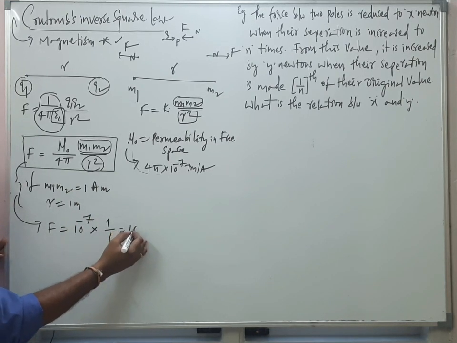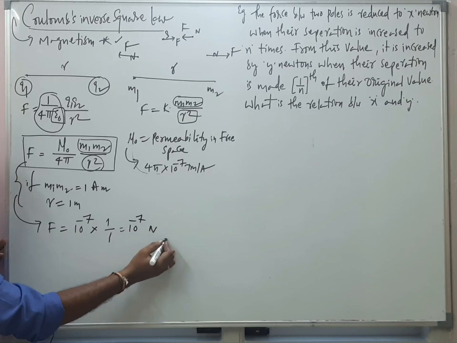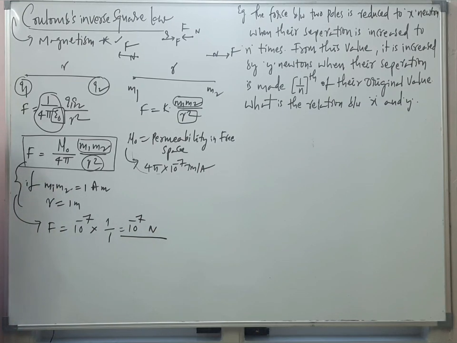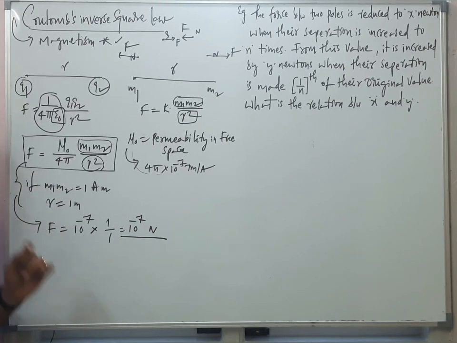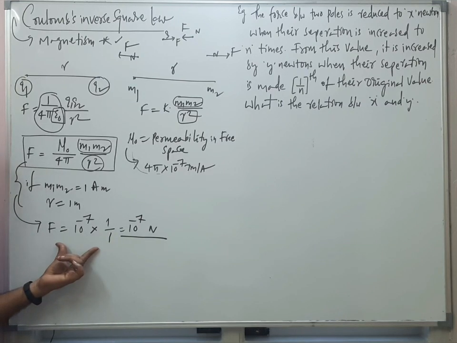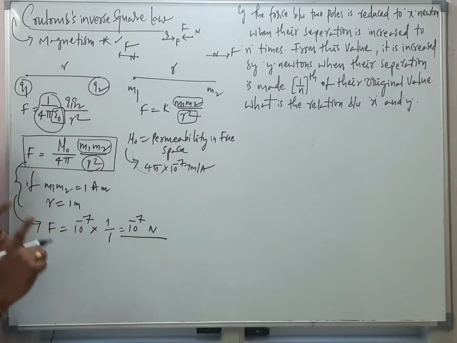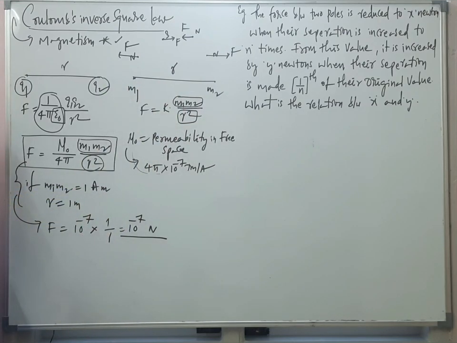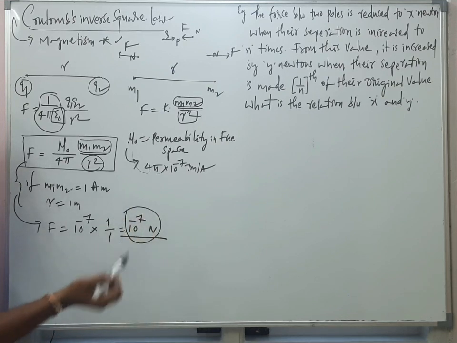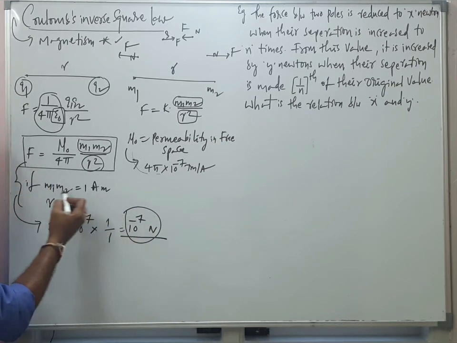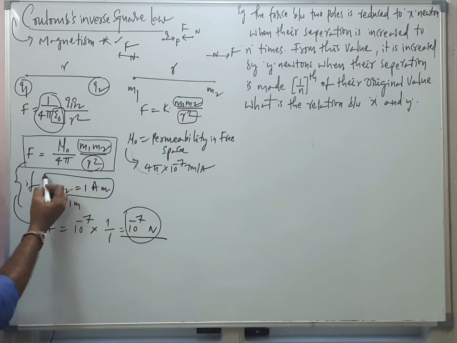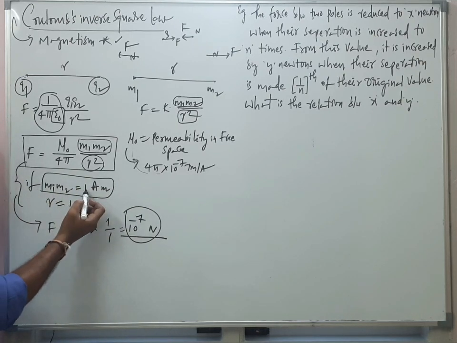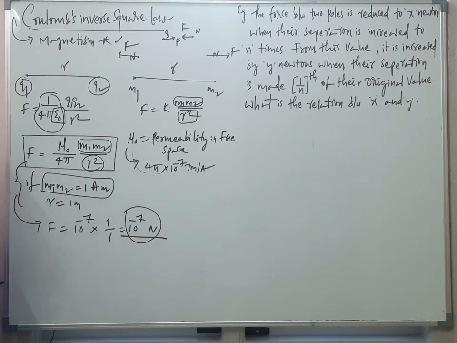So you will get an answer of 10 raised to minus 7 Newton. Clear? So when the force of interaction between two poles having equal magnitudes is 10 raised to minus 7 Newton, you can directly say that your pole strength values are individually 1 ampere meter.